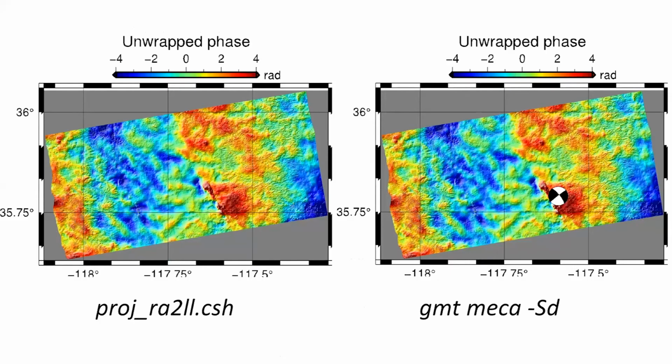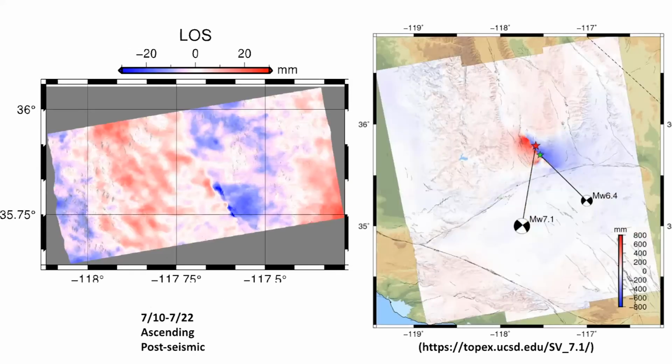And then I converted the system to latitude longitude and plotted them together here. And this is the focal mechanism of the magnitude 7.1, right lateral. And then I got the LOS data here.